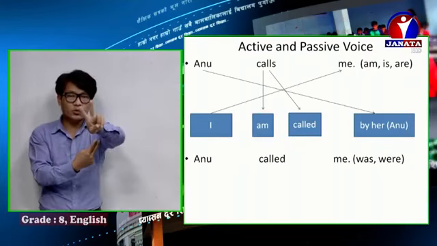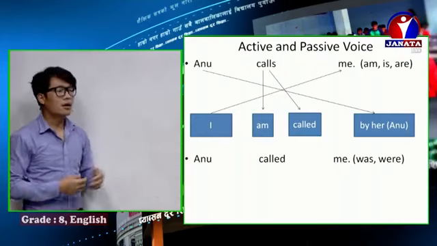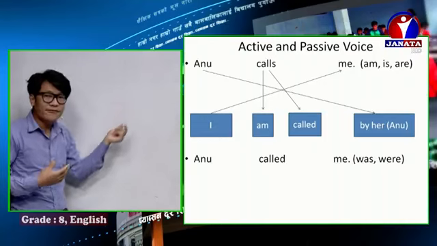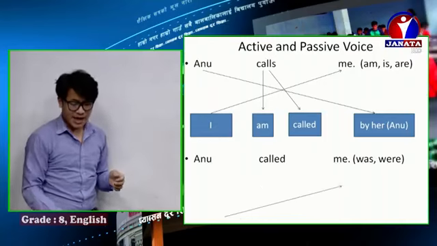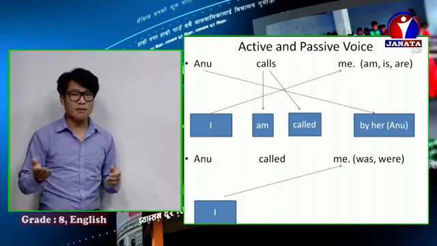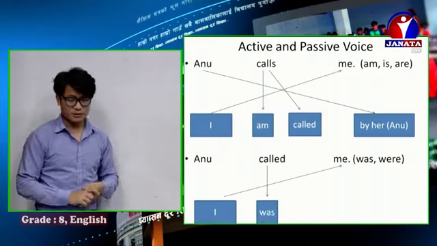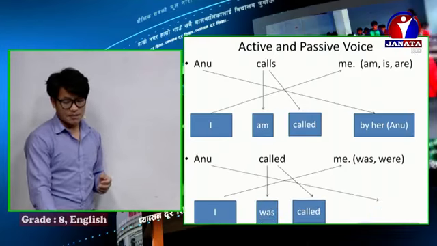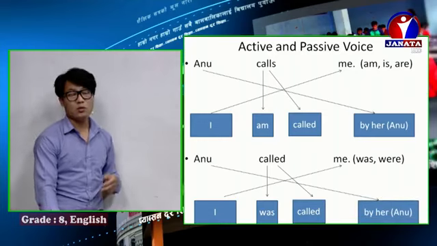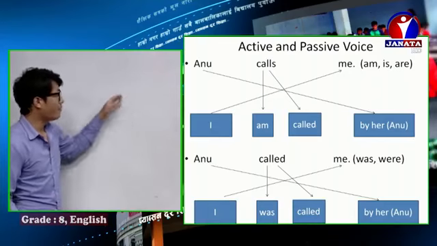What is the object here? Me. So we need to write the object first in passive voice, and it becomes I. I takes which verb, was or were? Obviously was. So I was, then verb 3 called. "I was called by Anu" or her.